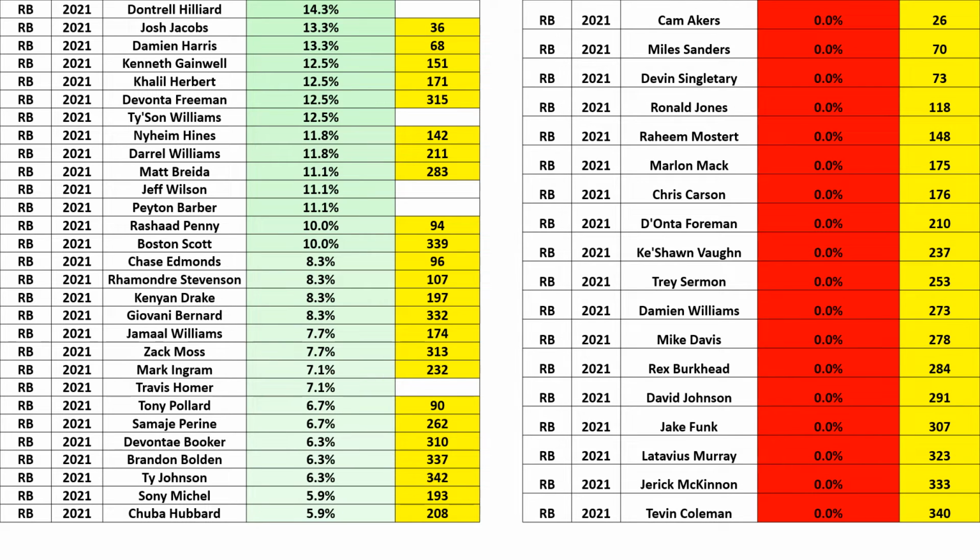Here are some more players, and there's a slow progression down of weekly success. Like I said, the best is 70, and it drops quickly, and it is not a linear drop.